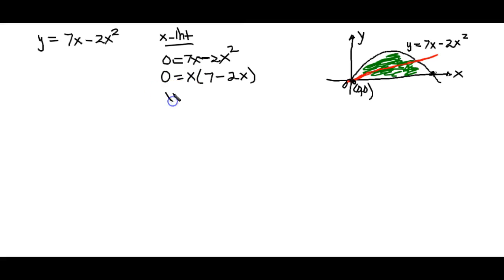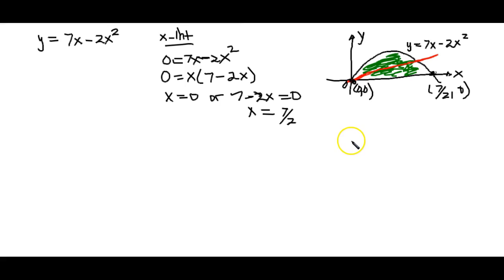So x equals 0, or 7 minus 2x equals 0, which means that x has to be equal to 7/2. So our two points of intersection at the x-axis will be the point 0, 0 and the point 7/2, 0. Okay, so these x values are 0 and 7/2.